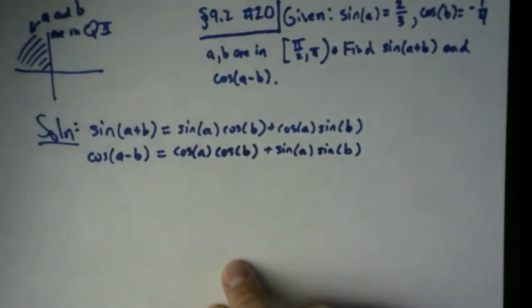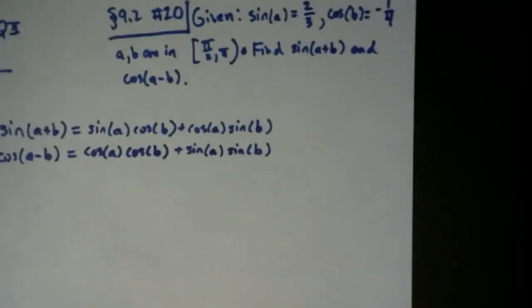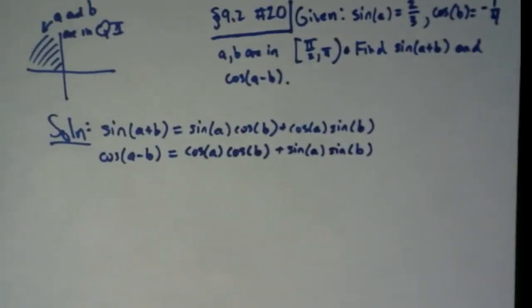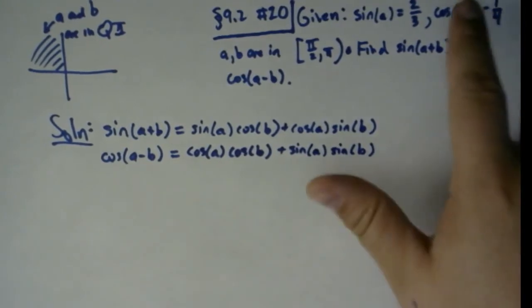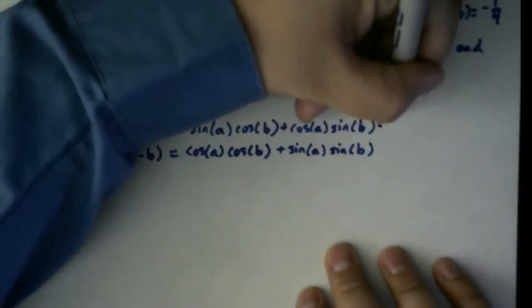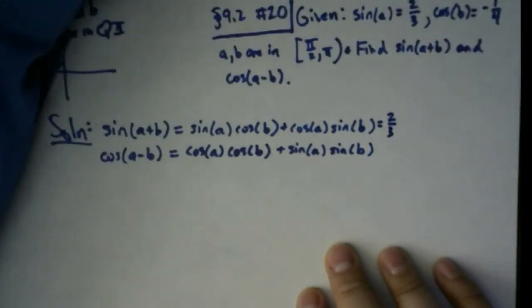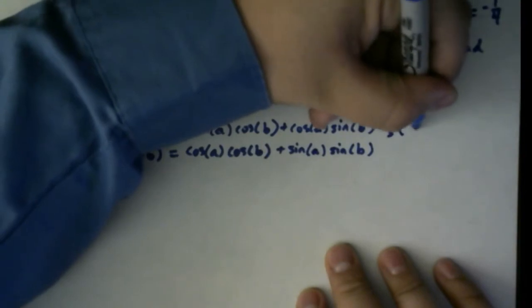Now, I can fill some of these things in, right? Based on the given information up here, sine of A is 2/3. So this is 2/3 times cosine of B, which is negative 1/4.